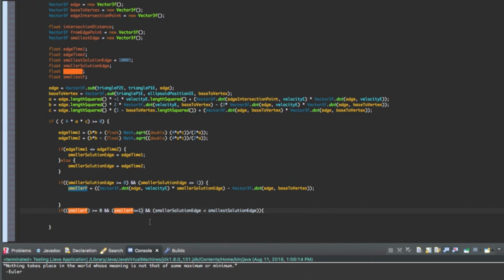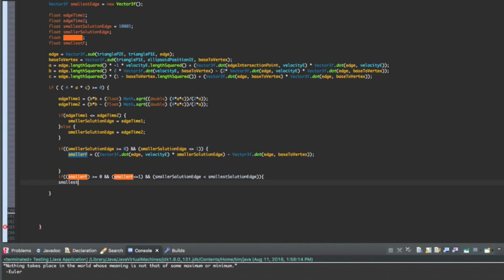I'm just got to get these parentheses correct. All right. So both of these hold true, then we can say that the smallest f is equal to the smaller f. All right, and then we have to initialize this smaller f.